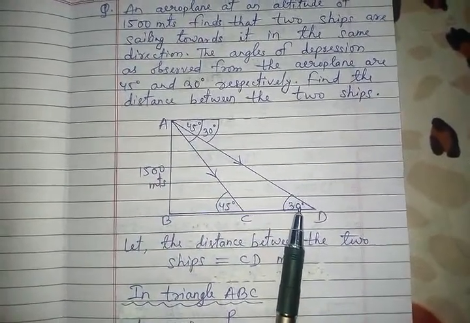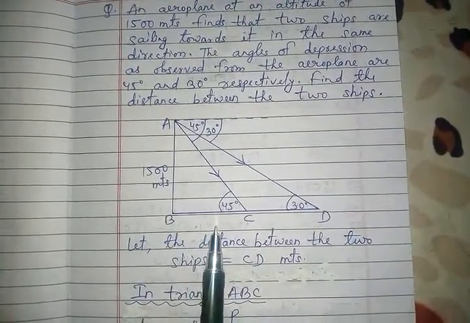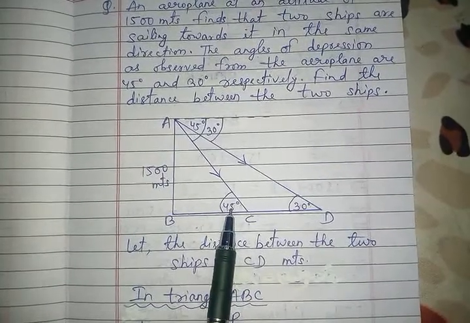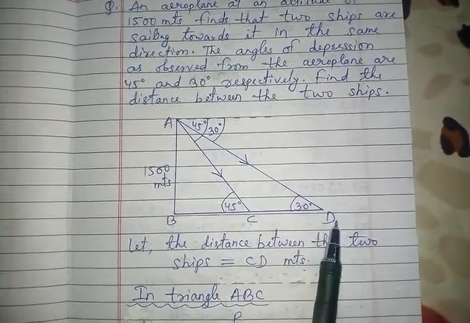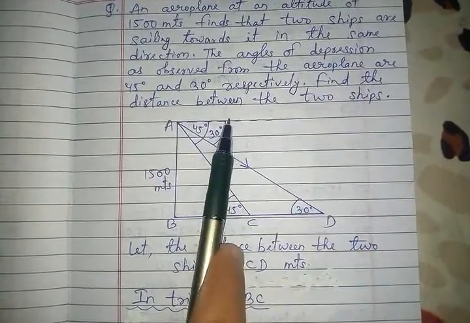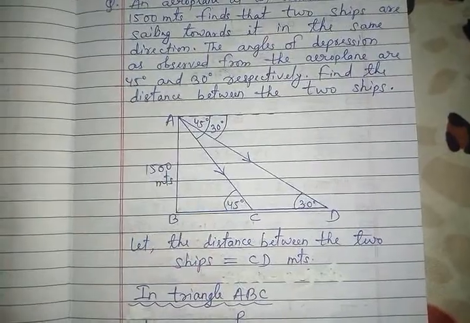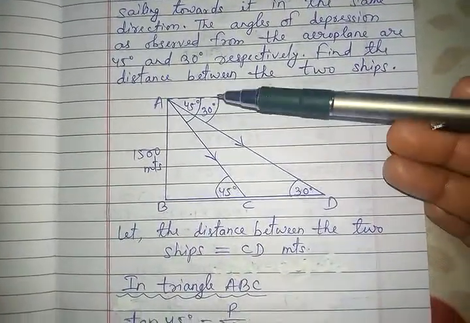So it is common sense, whenever there is such a diagram with one small angle and one greater angle, the greater angle should be at the near point and the smaller angle at the far point. So definitely the ship at point D has been observed at 30 degree and the ship at point C has been observed at 45 degree.